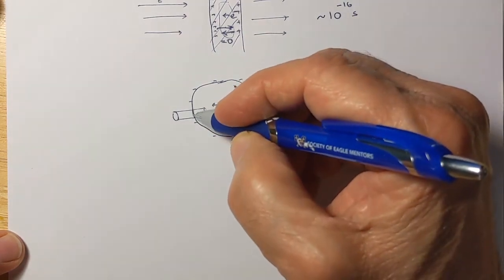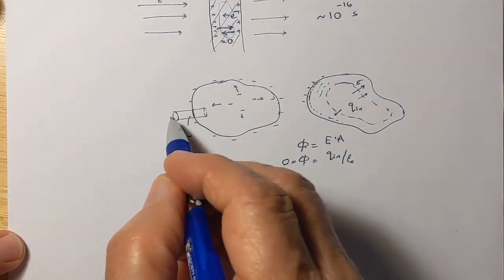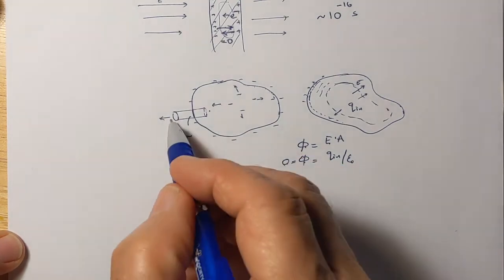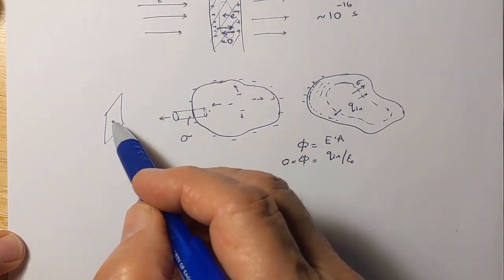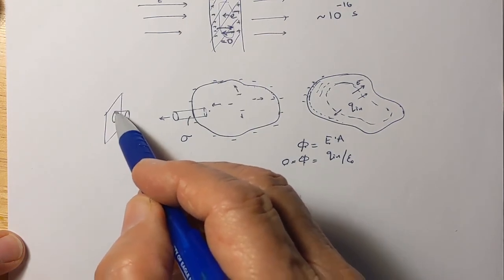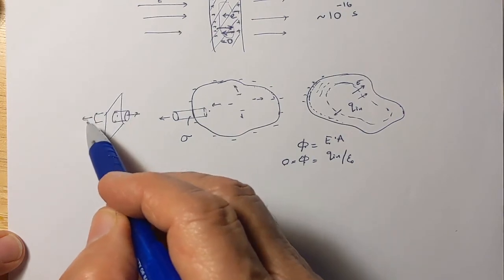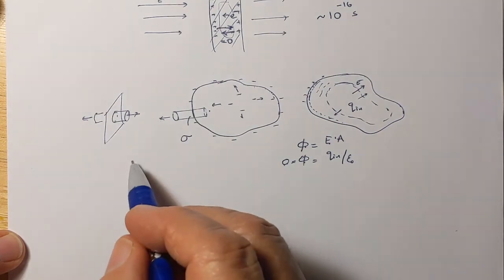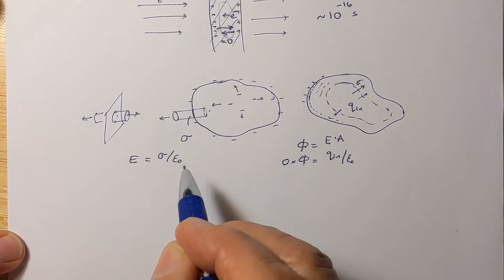The surface charge density here is sigma, and we have an electric field going out here, but there is no electric field over here. The only field is on the outside. Earlier, with a plain sheet of charge and a cylindrical surface, the electric field was going out from both sides. But in this case, there's no electric field inside, so it's only on one side, and that results in the electric field being equal to sigma over epsilon naught.